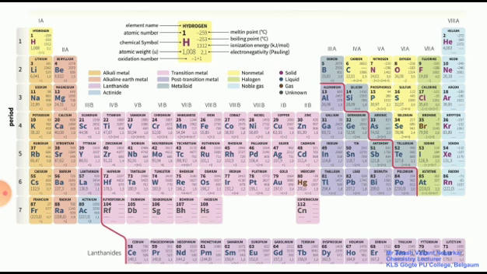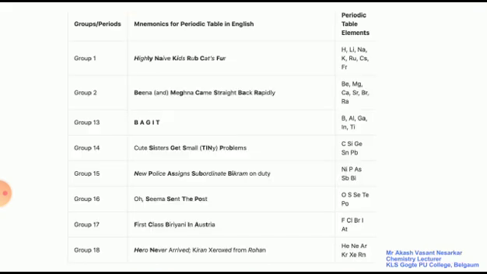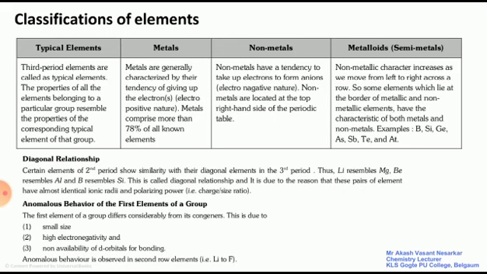Atomic number 1 stands for hydrogen and its symbol is capital H, whereas atomic number 8 stands for oxygen and its symbol is capital O. In this manner, you have to remember at least 30 elements, starting from hydrogen and ending at zinc. You have to remember at least 30 elements for PUC first year as well as second year. Now, in today's class, we will see the classification of elements.